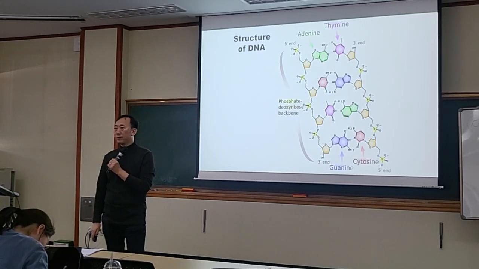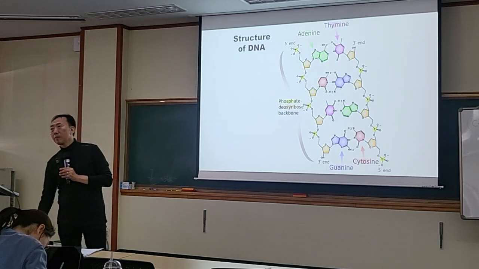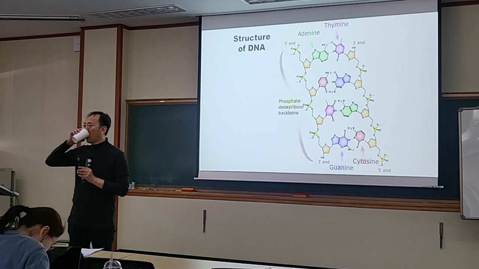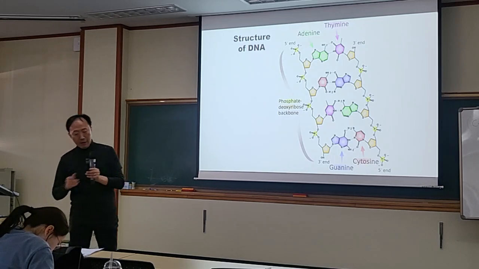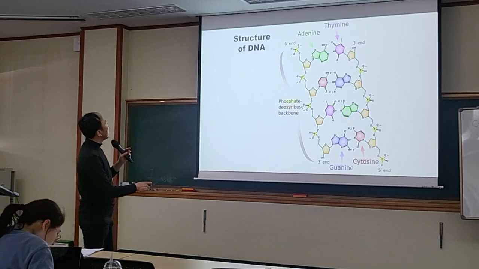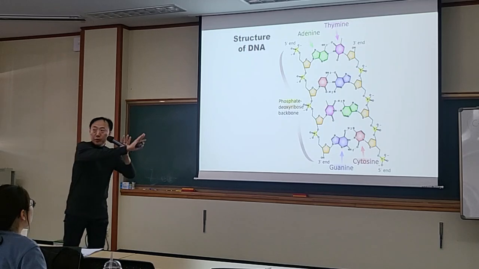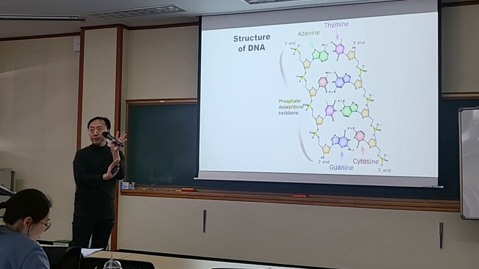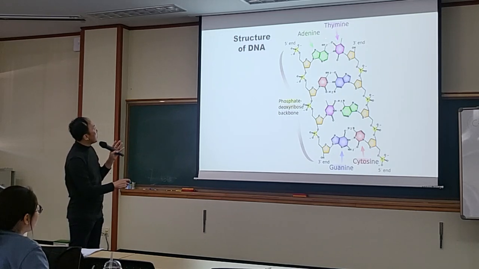Any other questions? Okay. During the lecture, I was not certain how to distinguish the major groove and minor groove. If you look at here, the strand is put two-dimensionally, right? Actually, this is twisted. One side has the opening space on this side, the other side has the opening here.